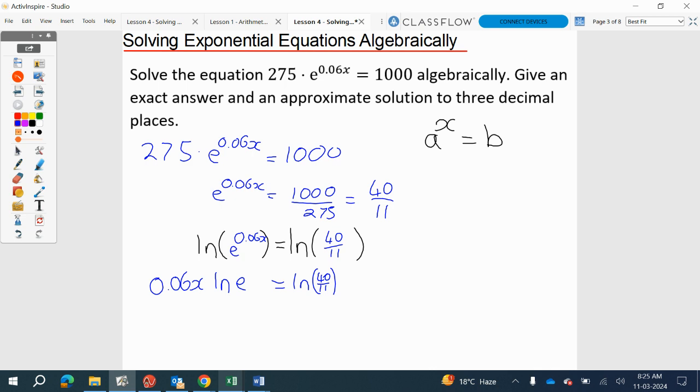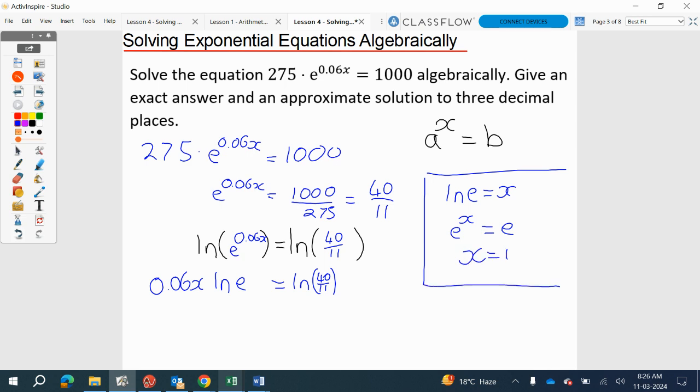If ln of e is equal to something, rearrange into exponent form, that means we've got e to the x is equal to e. What does x have to be? What is the natural logarithm of e?